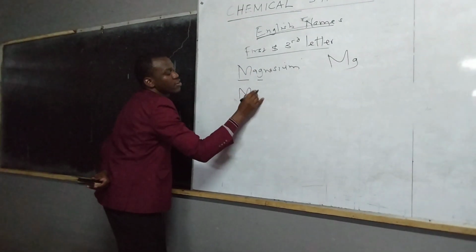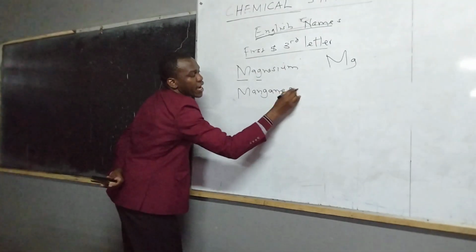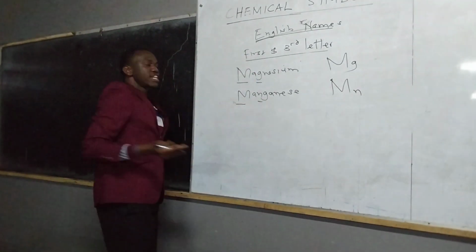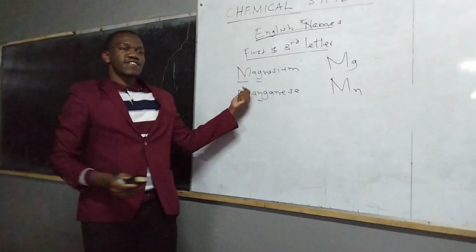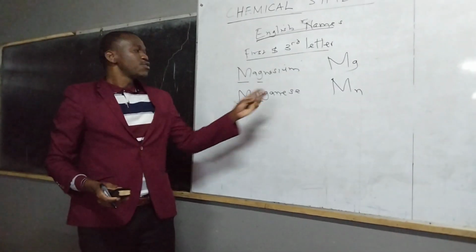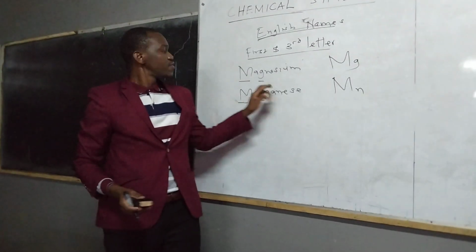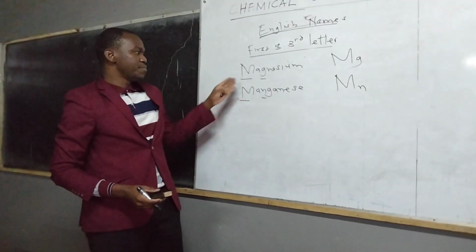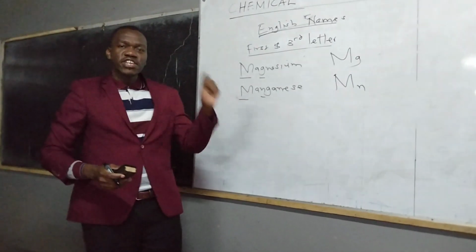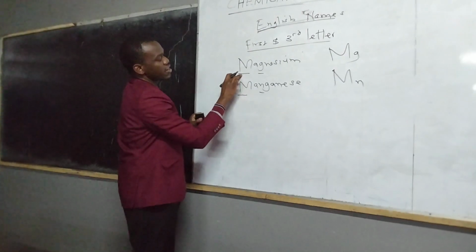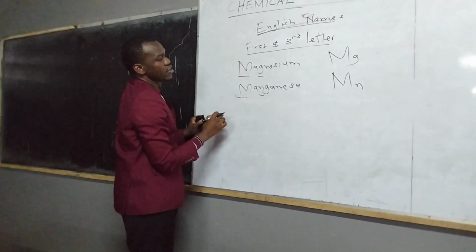Then you have another one called manganese. Manganese, that is Mn. You can imagine all of them are starting with the same letter. They could not have been given the same chemical symbol M, because each element has to have its own chemical symbol. So that's why you see that they take the first and the third letter.